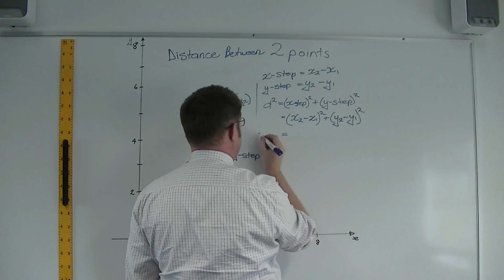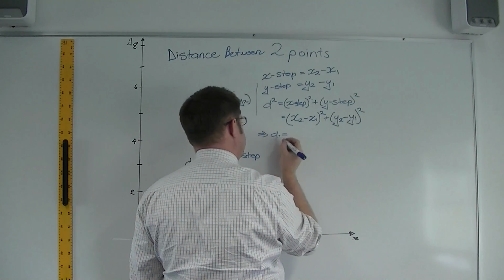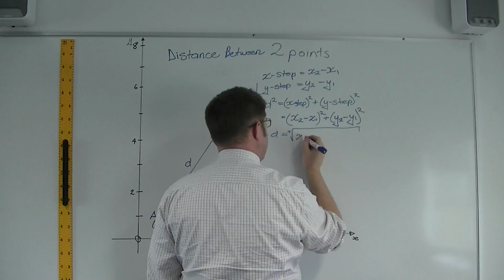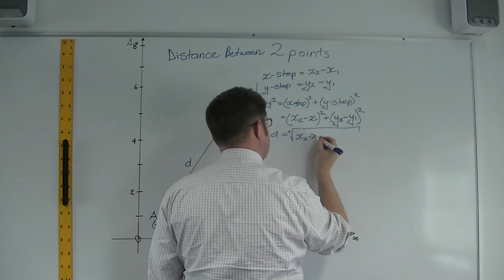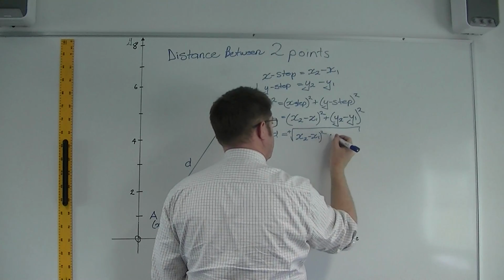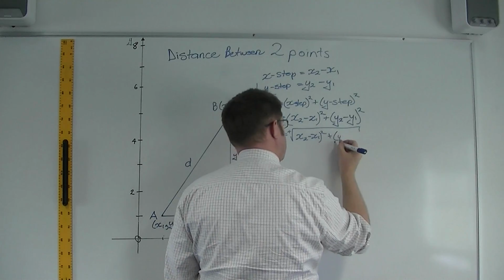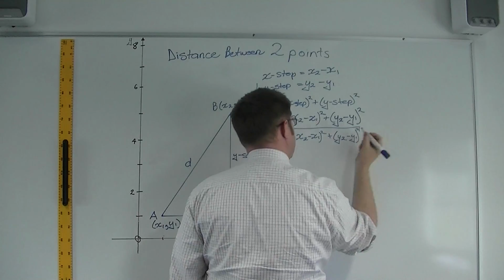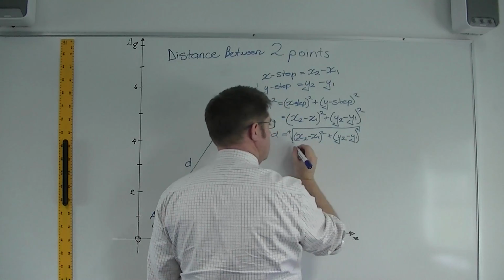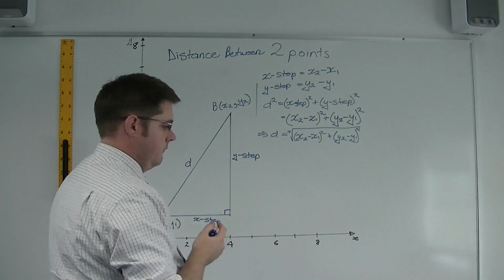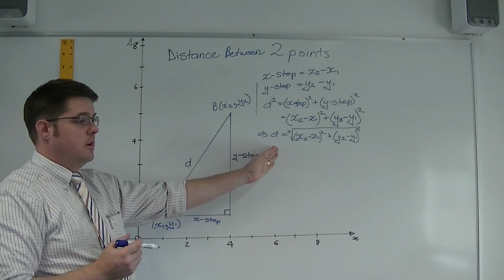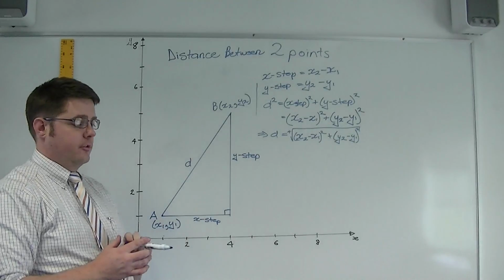Now, I can then say that d equals the positive square root of x2 minus x1 all squared plus y2 minus y1 all squared. And there we have an algebraic expression that we can just push and insert our values straight into.